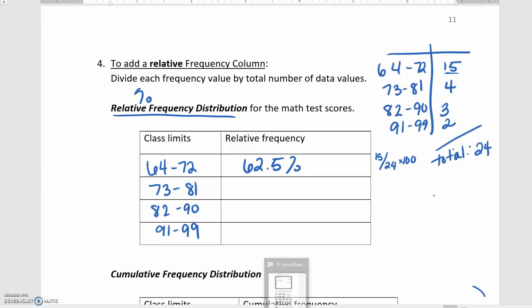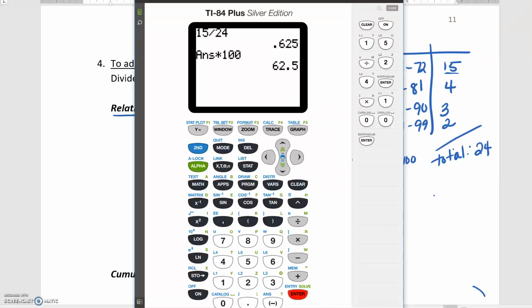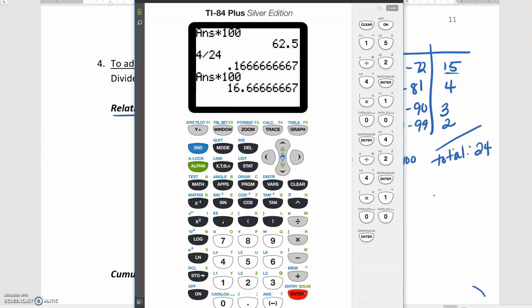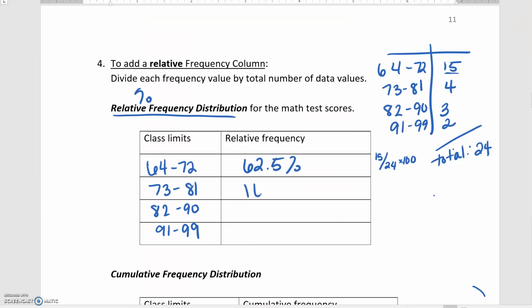So very similarly for the next one, we would take 4 divided by 24 and then times 100. You can round to one decimal place here, so we'd do 16.7%.